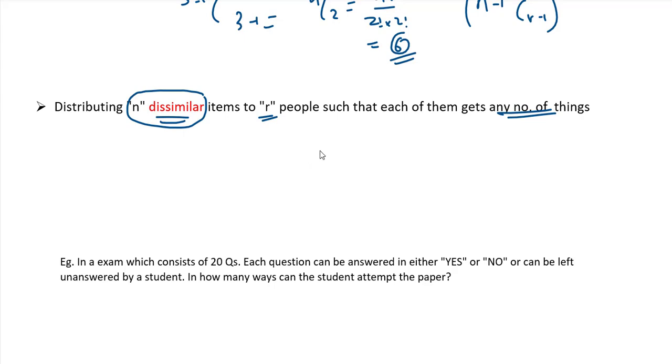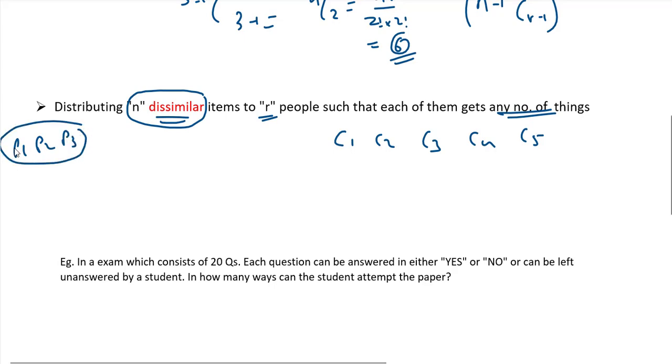So let us say there are again 5 chocolates C1, C2, C3, C4 and C5, and I need to distribute these 5 chocolates to 3 people, P1, P2 and P3, such that each of these people can get any number of things. So for the first chocolate, I can give it to any of these 3 people, so I have 3 options.